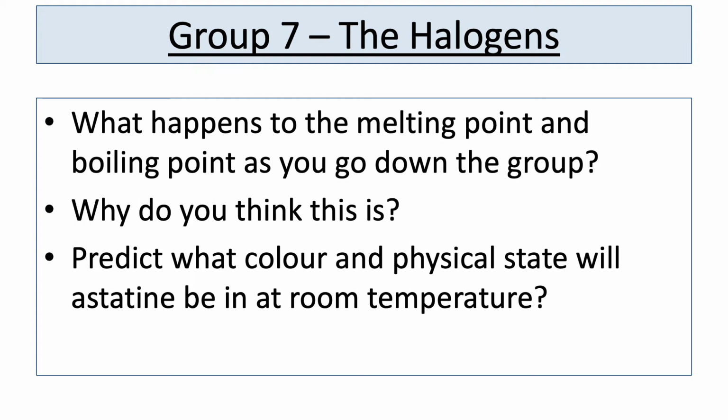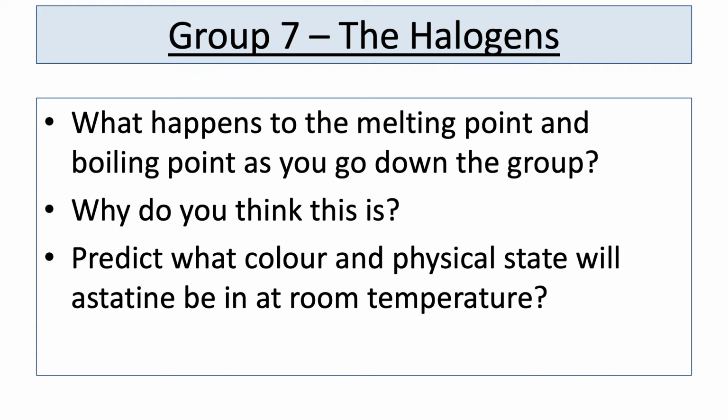Hopefully what you discussed is the fact that the melting point and boiling point increases as you go down the group. So fluorine is a gas, chlorine is a gas, bromine is a liquid, iodine is a solid. Astatine, therefore, you would predict would also be a solid. And the colour gets darker as you go down the group.